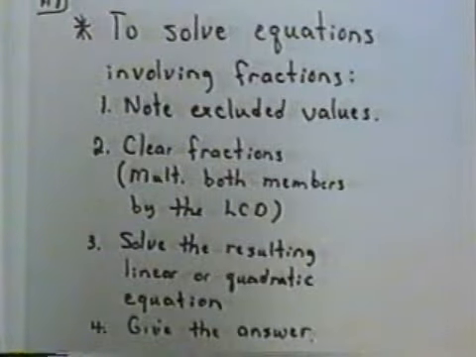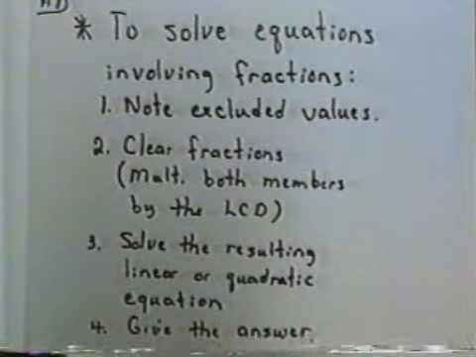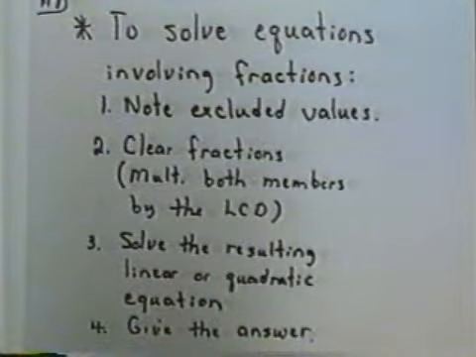The way you clear fractions is to multiply both members by the least common denominator. Your third step is to solve the resulting linear or quadratic equation. Now, I told you just a few minutes ago how to do that. When we get to it in today's work, I will go over it. The fourth step will be to give the answer.